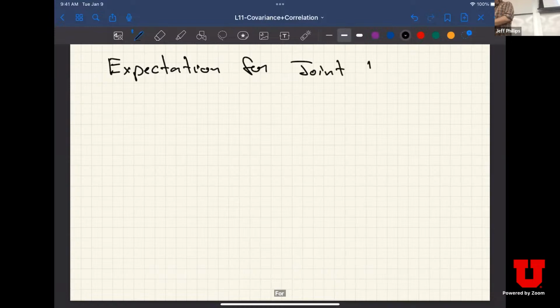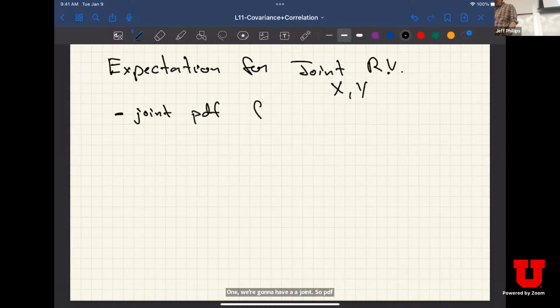All right, so again, we have these joint random variables, X and Y, and we're going to have two properties about them. One, we're going to have a joint PDF, f of x, y, and I'll probably use the shorthand f of xy.